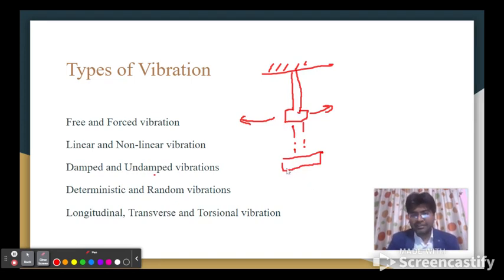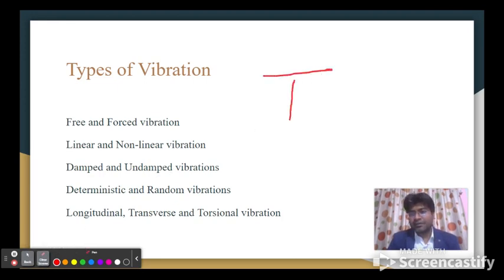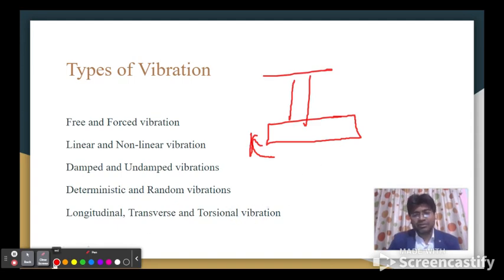And let me clear it again. Now consider this a disk: if it is getting twisted, rotating first clockwise and then anti-clockwise, this type of vibration will be known as torsional vibration.